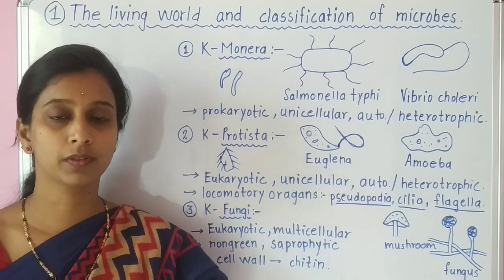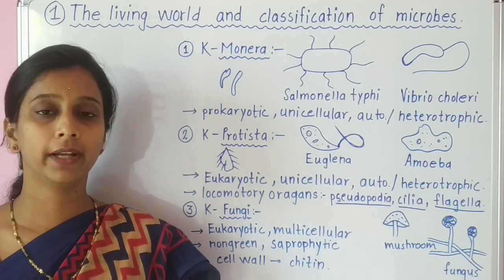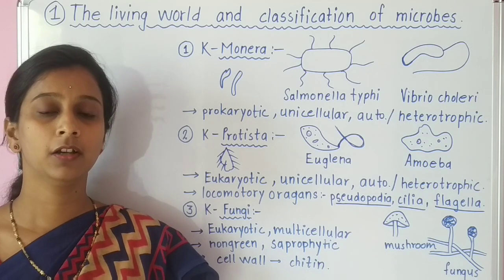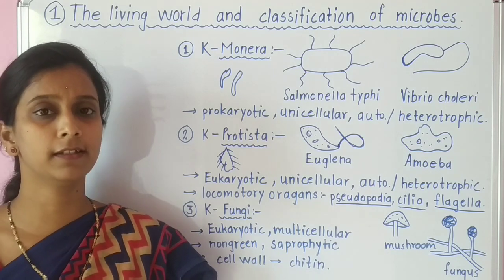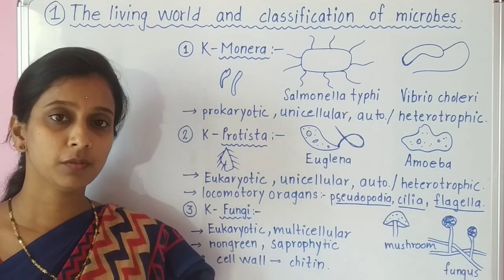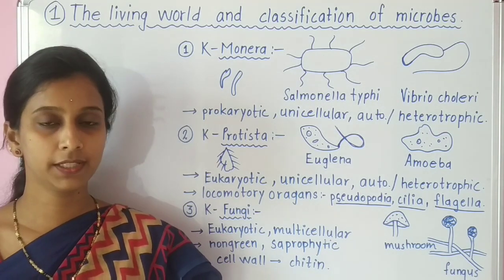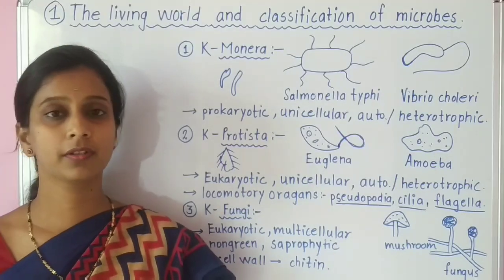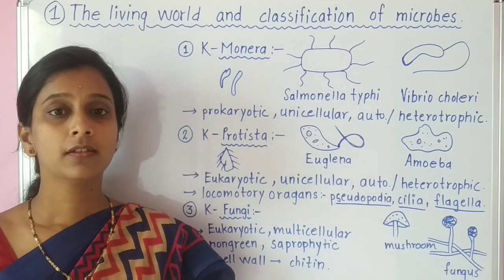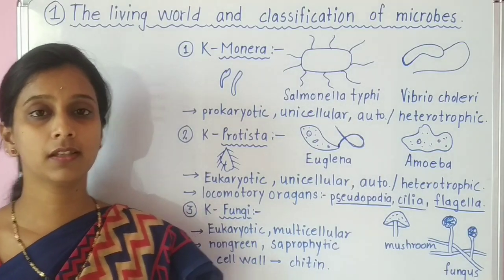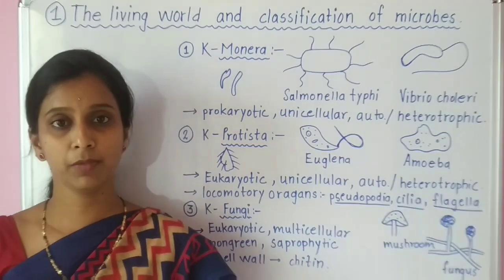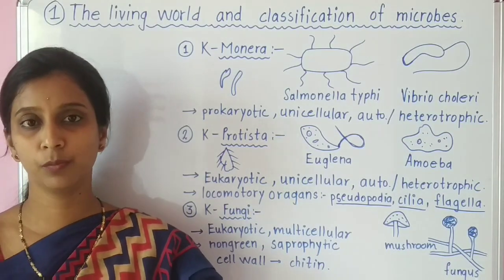All these microbes are grouped into bacteria, viruses, algae, protozoa, etc. Some of these microbes are unicellular, whereas some are multicellular. Some are prokaryotes, whereas some are eukaryotes. Some microorganisms are useful to us, whereas some are harmful to us.